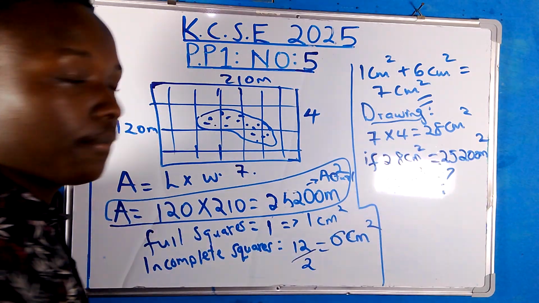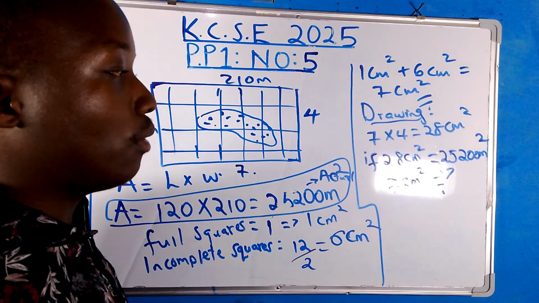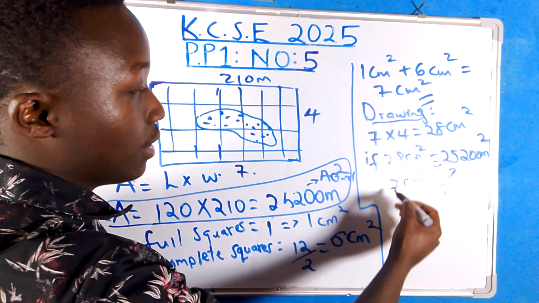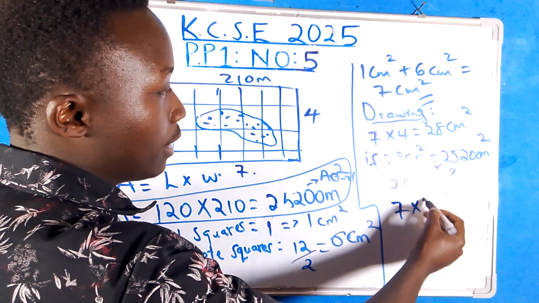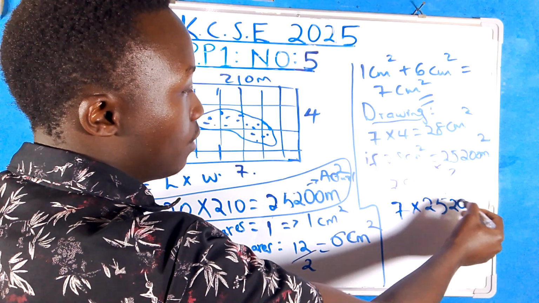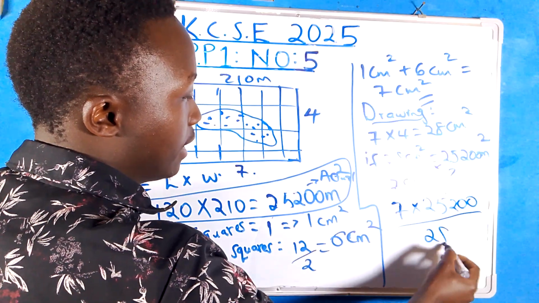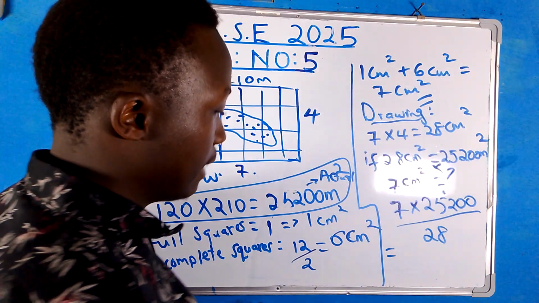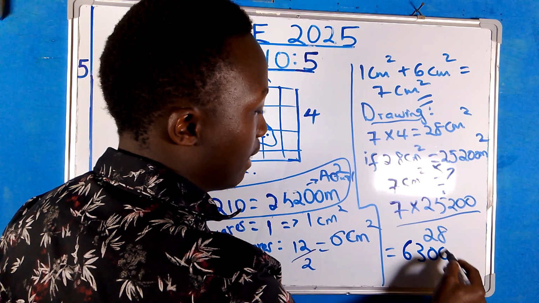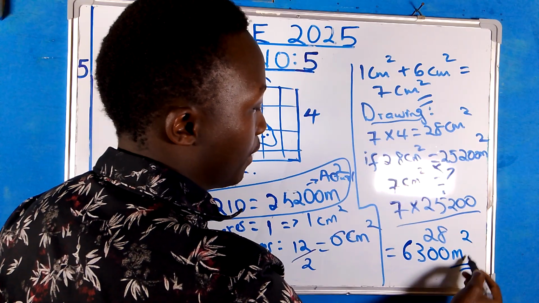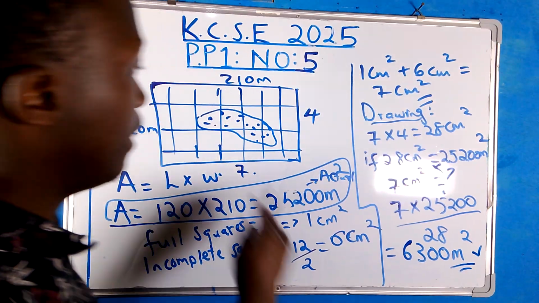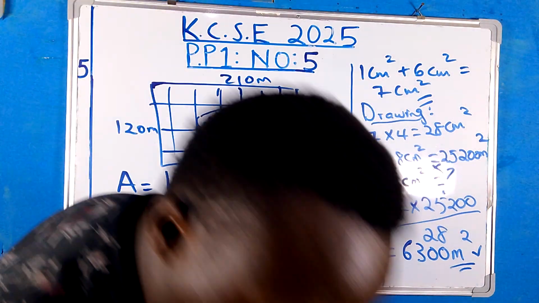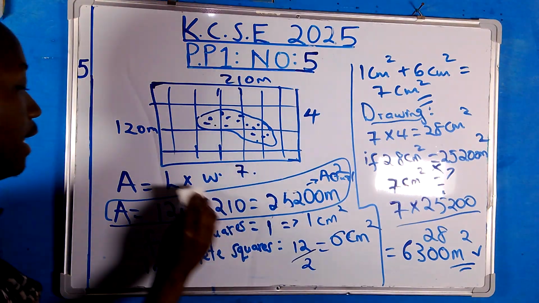We find the actual area on the ground of the shaded or flooded region. So that is going to give us 7 multiplied by 25,200 over 28, and we will get the area of the flooded region as 6,300 meters squared. We have been asked to find the area that was not flooded, or the unshaded area.